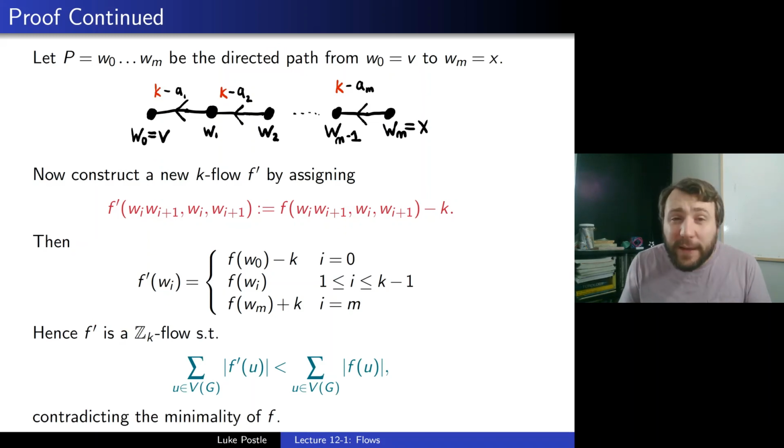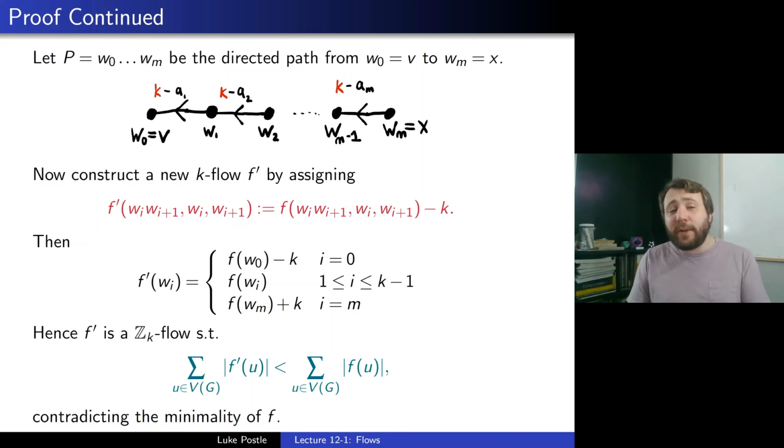So what does that mean? It means that I get F prime to be a ZK flow. It's an assignment of values 1 up to K minus 1 on the edges, or their negatives. And the sum of these absolute values would actually be smaller, right?